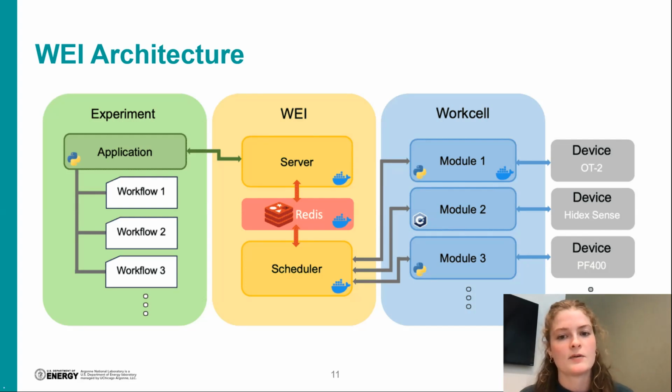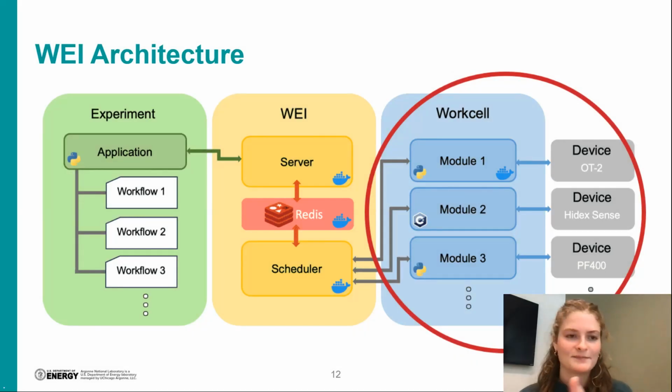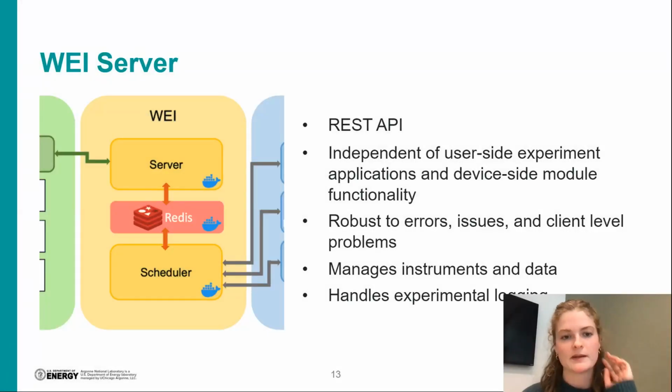But I want to talk now about the WEI server and how scientists can submit experiments to run to the WEI server and how that gets passed to the work cell. So now I'm going to talk about the WEI server a little bit.